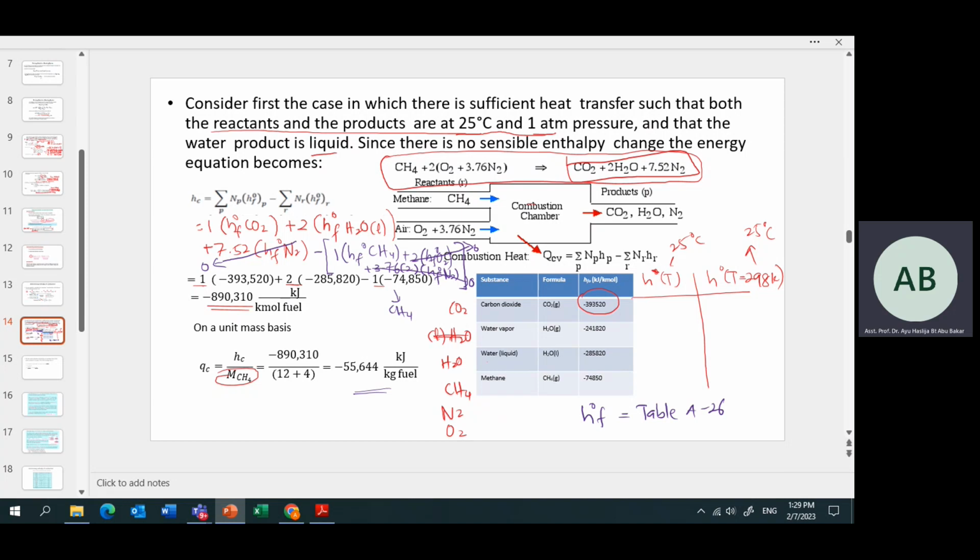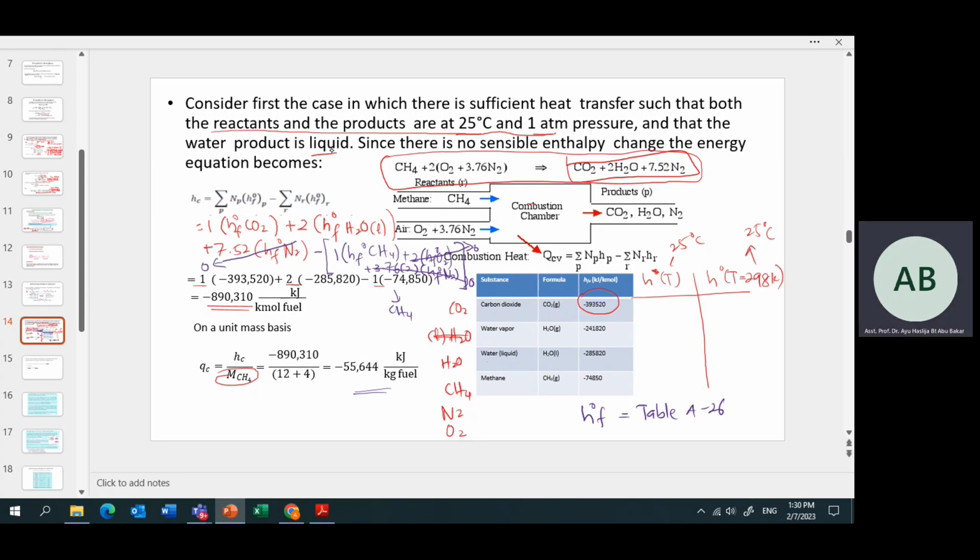In this statement, it mentioned water is liquid, so you must get the heat of formation for H2O liquid. But if the question doesn't mention whether it is vapor or liquid, you can assume.